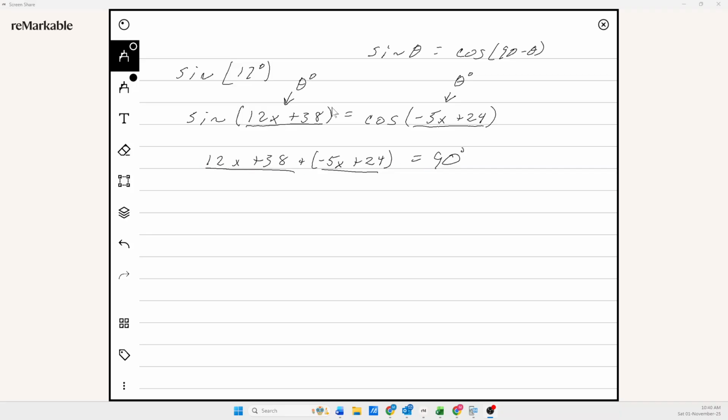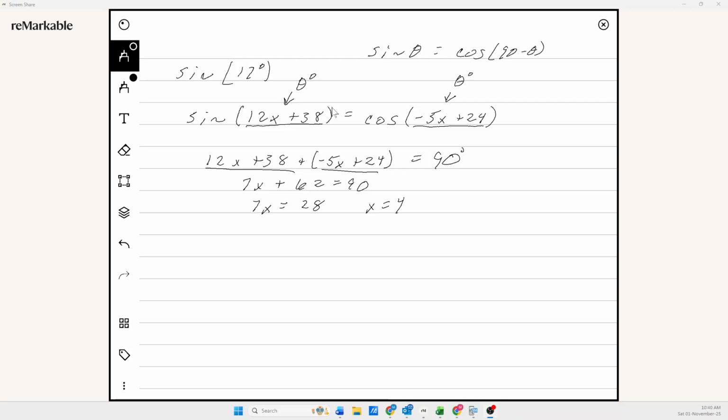And so I can just move it all over there. That gives me 7x plus 62 equal to 90. And so 7x is equal to 28. So x is equal to 4.